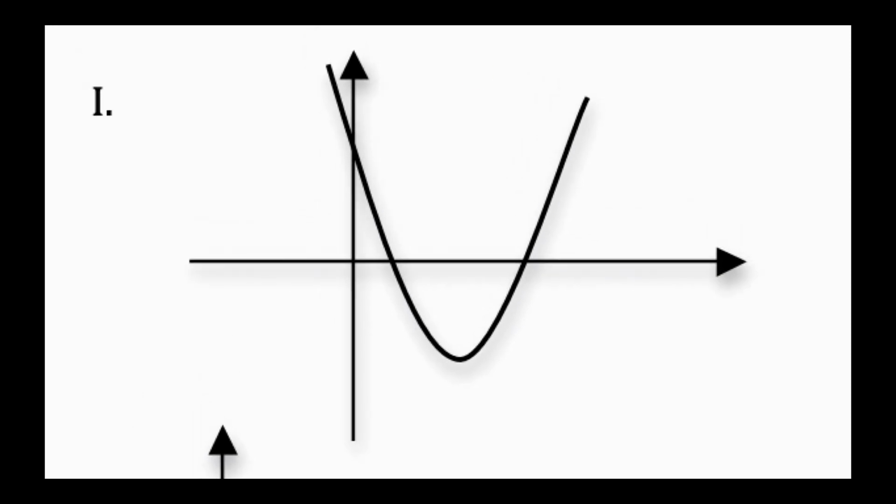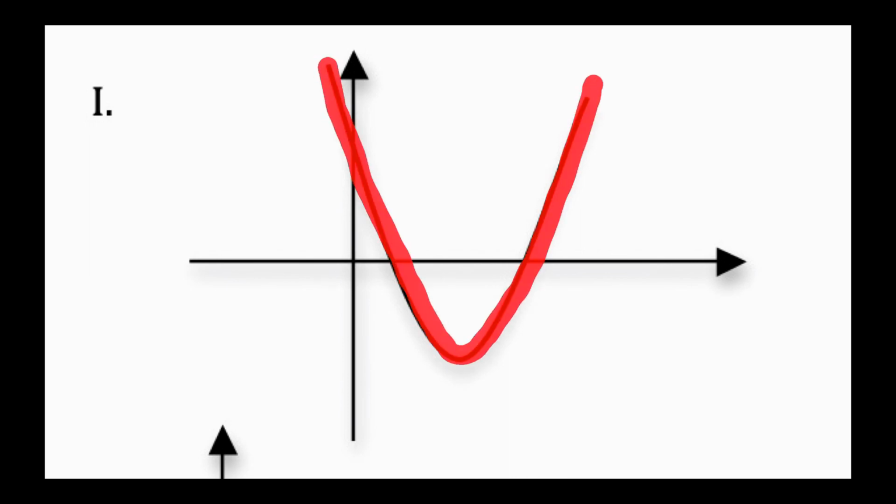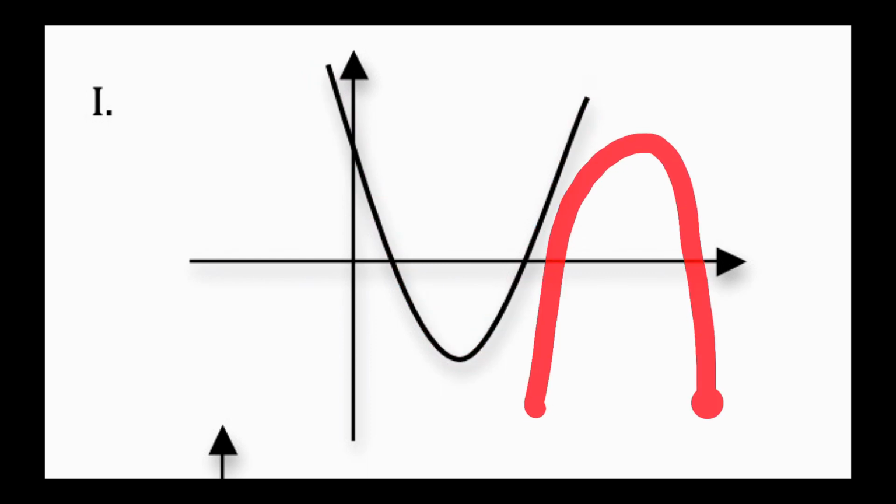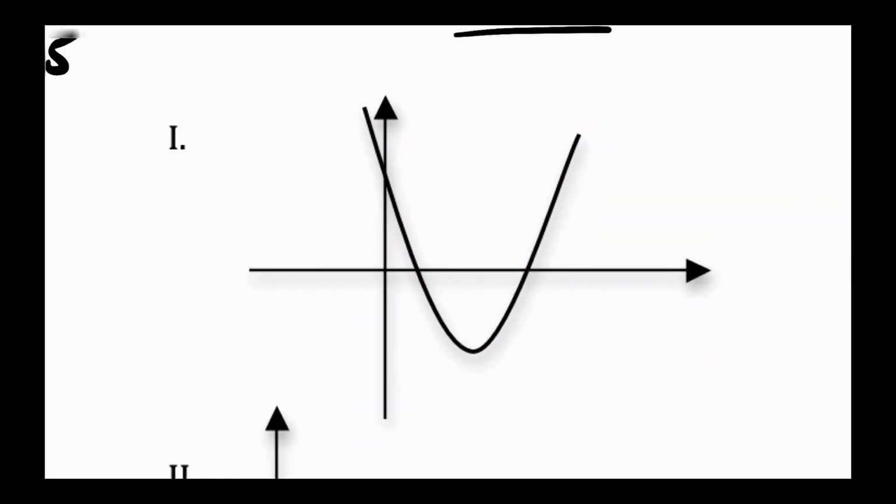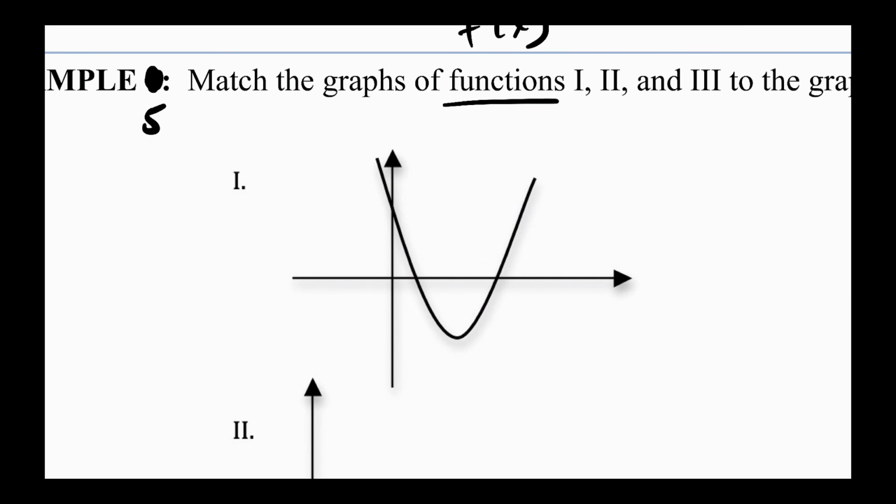So we don't have an f of x equals, they don't tell us what it is. But if I did, what would the degree be? Why 2? It's a quadratic, right? Remember, quadratics are the ones that look like u's. They either look like that or they look upside down, right? But they're u's. So I know the degree here equals 2.